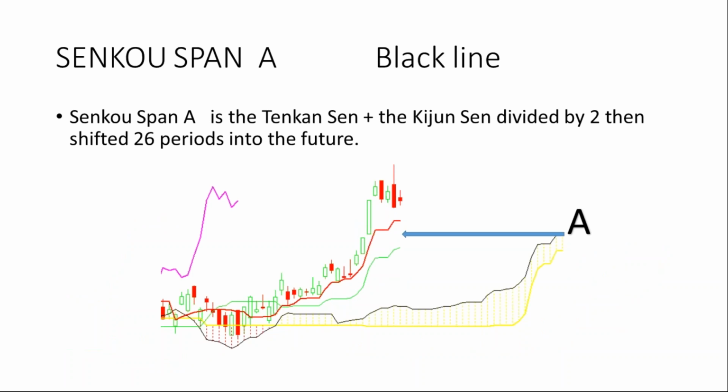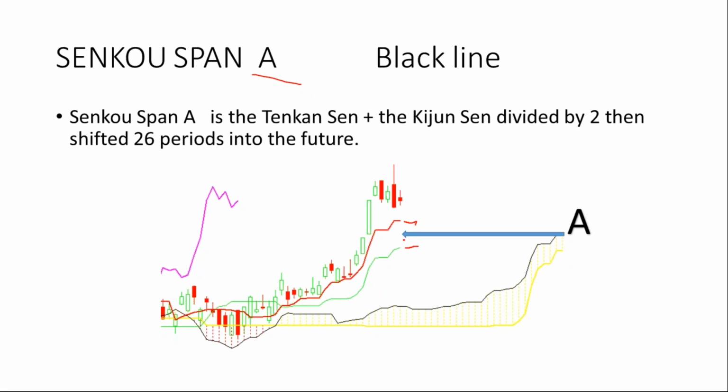So the two components of the future cloud, this area in front here, are the Senkou span A, which in this case is the thinner line, in this case a black line. The Senkou span A is the Tenkan-sen and the Kijun-sen divided by 2. So it's actually the distance between the Tenkan-sen and the Kijun-sen.